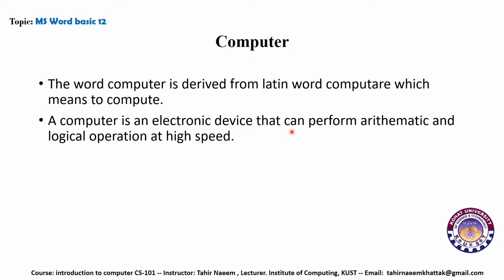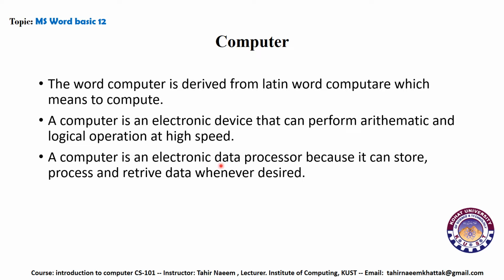Arithmetic operations are those tasks which involve addition, multiplication, or anything related to mathematics. Logical operations are those in which we compare two or more statements and derive a result from comparing them. All this is performed by the computer at a very high speed.